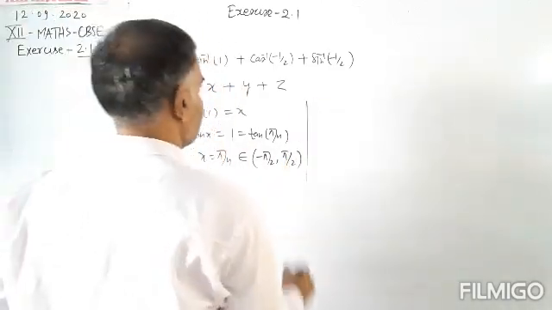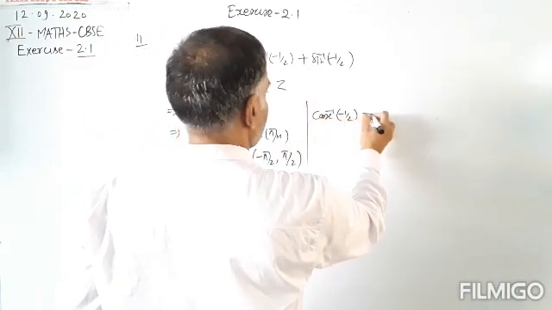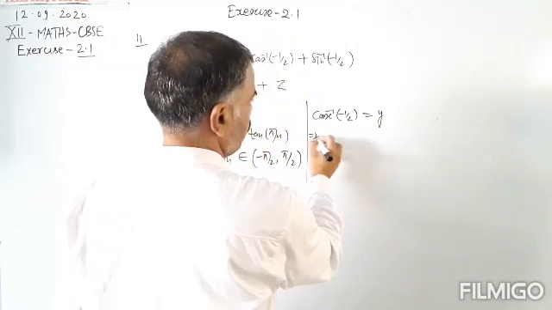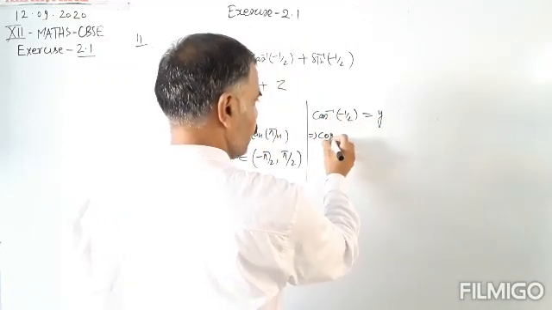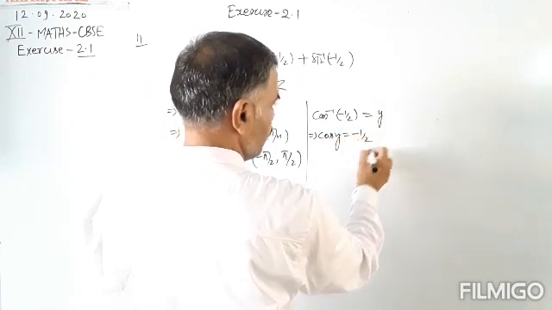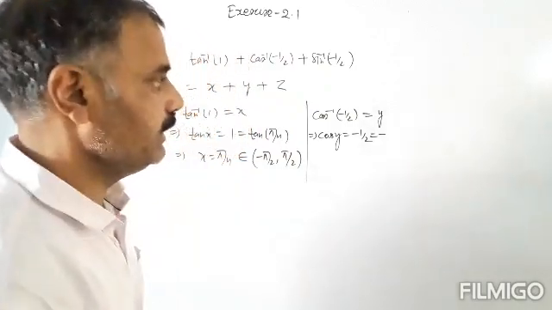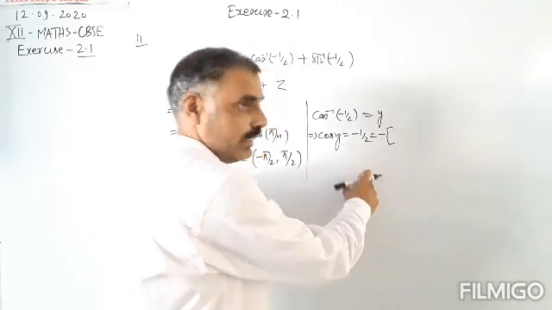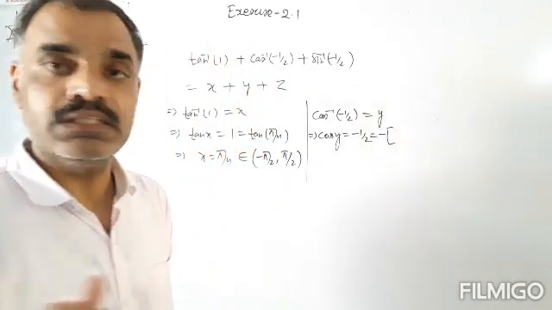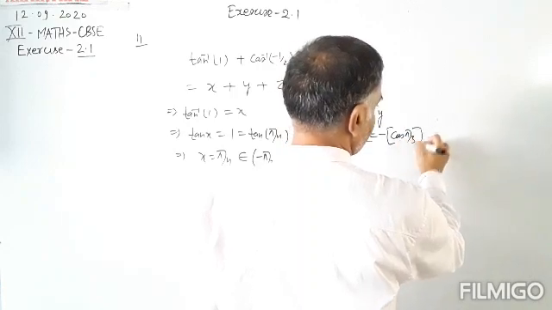Now y is cos inverse minus 1 by 2. So cos inverse minus 1 by 2 equals y means cos y is equal to minus 1 by 2. When we forget the negative sign, this is 1 by 2, and 1 by 2 is at 60 degrees, that is pi by 3, so cos pi by 3.